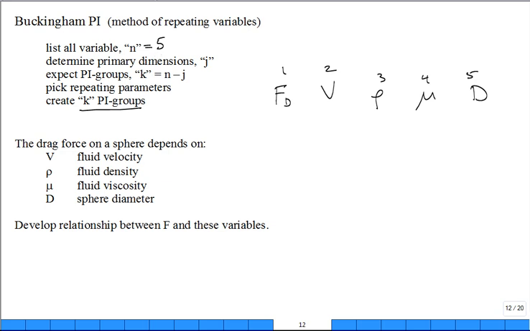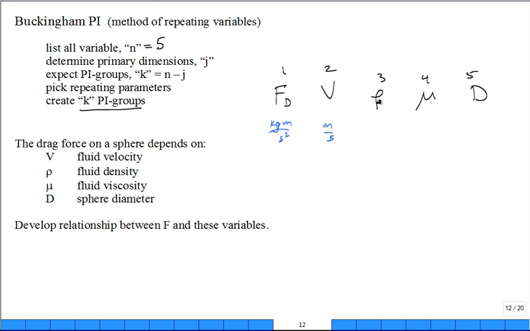Now we express each of those in their primary dimensions, and I'm going to do it in SI units. So what about force? It was the newton, which is a kilogram meter per second squared. So already I see 3 of them: mass, length, and time. Velocity, meters per second: I see length and time.